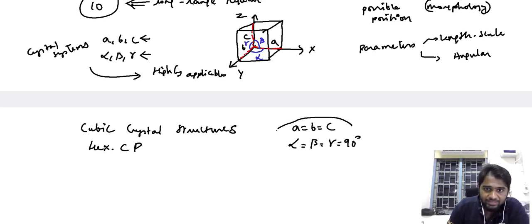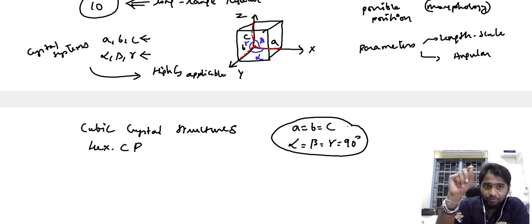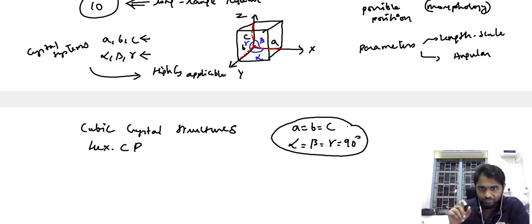So, the characterizing feature of the different unit cells that fall under the category of cubic crystal system is that the magnitude of the length of each of these lengthwise parameters is equal, and the angle between these lengthwise parameters is 90 degrees, and this is what describes the cubic unit cell.